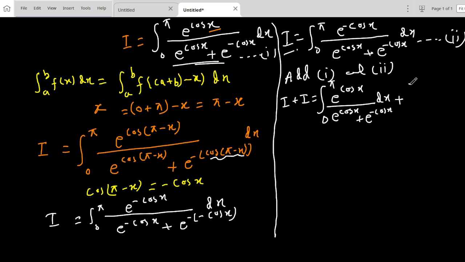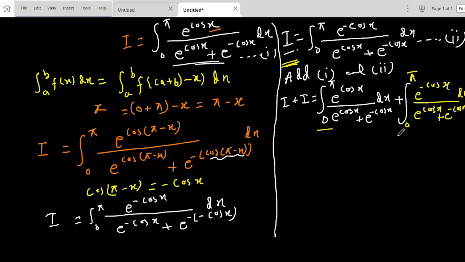And the second one, which we are going to write is this I value here: integral from 0 to pi of e to the power minus cos x divided by e to the power cos x plus e to the power minus cos x dx.